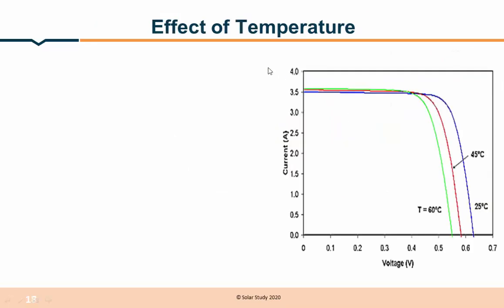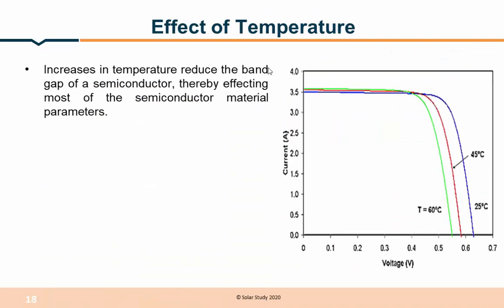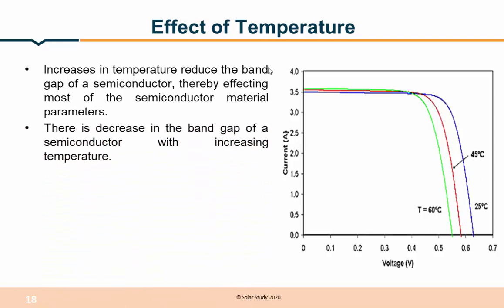Now we will see the effect of temperature. Now we know that when there is some resistance, either shunt resistance or series resistance, there will be changes only in the voltage or current. But when we come to the effect of temperature, the voltage starts decreasing. You can see first for 25 degrees Celsius it is giving more than 0.6 volts.